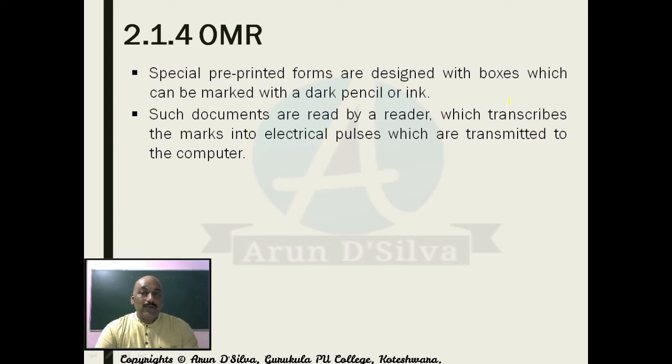According to this, it detects whatever is shaded on the sheet. Only at the specified places you have to shade using a pencil or a pen, whatever you can make use of, and you cannot go according to your own paper. You have to make use of the pre-designed paper itself.